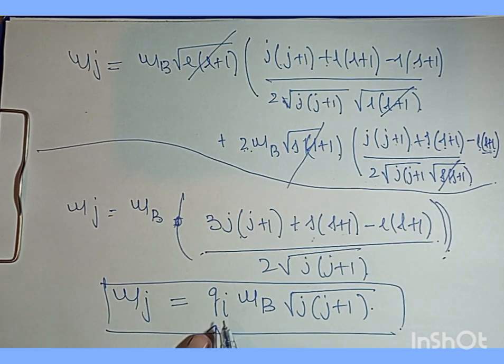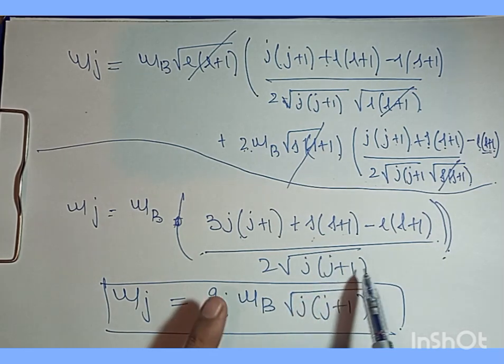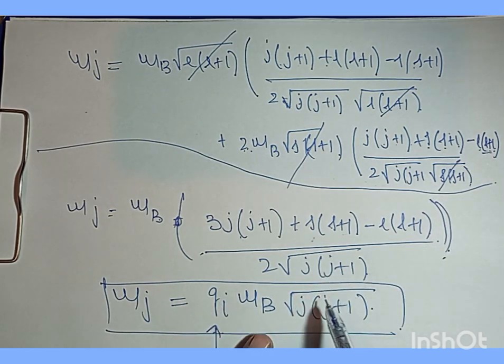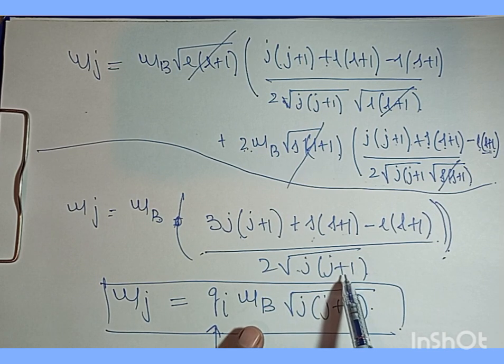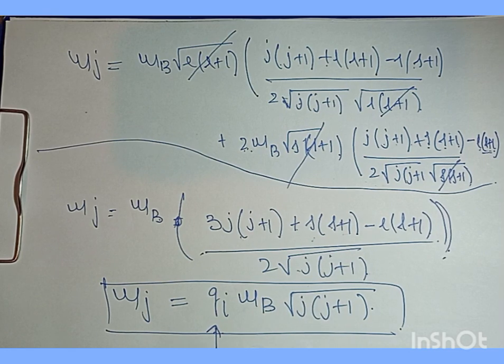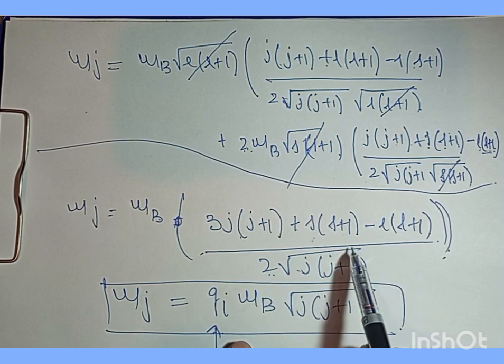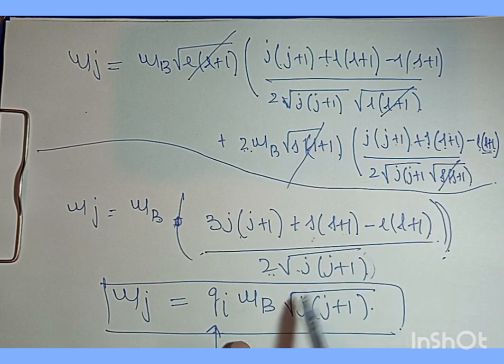And we can understand that what we have done, basically, is we have rationalized the denominator here. So we have multiplied and divided by under root of j times j plus 1. So in the denominator, what I will have will be 2j times j plus 1, because when you multiply the denominator by this factor, it will be the whole square of this, so you'll be left with j times j plus 1.